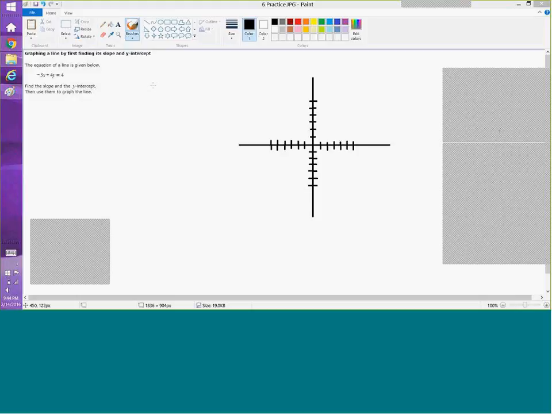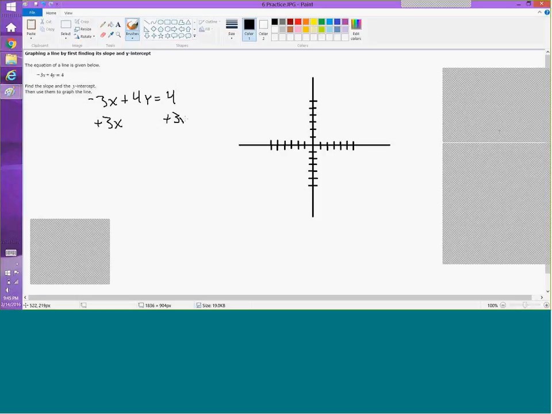So again, we're going to start with the equation: 3x plus 4y equals 4. We want y by itself, so we're going to subtract 3x from both sides, which leaves us at 4y equals negative 3x plus 4.